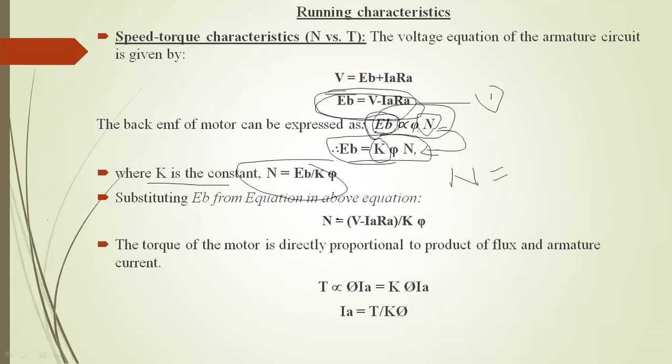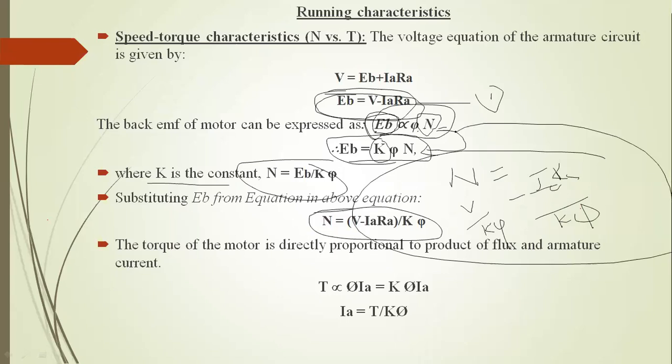Substituting the EB equation, we get V by K phi minus IA RA by K phi. So this is one equation for the speed.